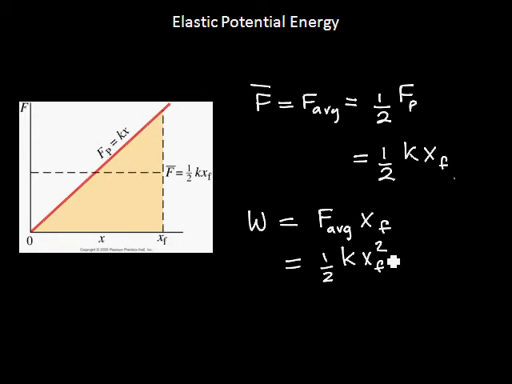Just like the pull of gravity does negative work when you try to lift something up and stores it as potential energy in the gravitational field. So the spring itself pulling back on you does negative work and stores that energy up. Stores up the energy that you put in as potential energy.